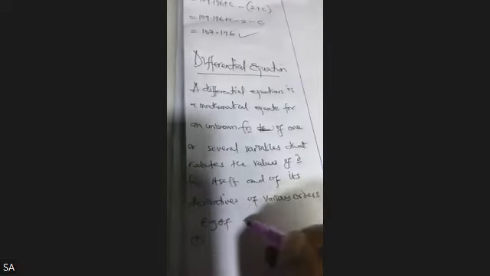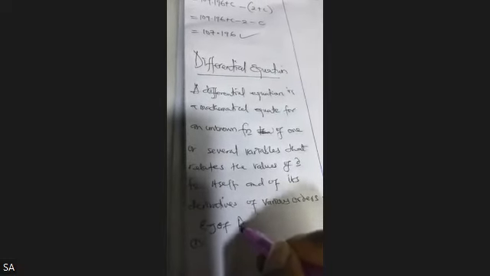So let's take a few examples of a differential equation. Something like this: dy over dt minus 5y equals 0.